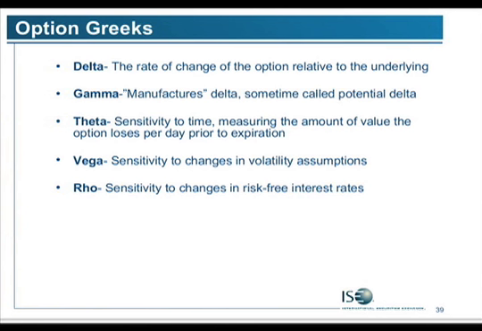If there's a gap, how much my delta changes, because delta does not remain the same. When I buy an option, I'm buying premium, some amount over that intrinsic value. So how much of that is going to decay each day? What about changes in volatility? That's called vega. And then rho, that measures interest rates.